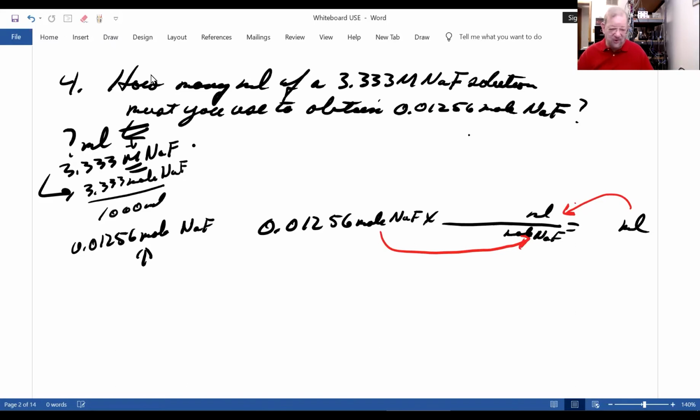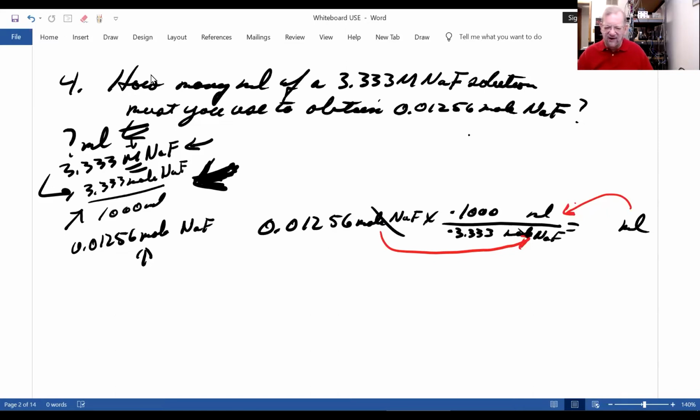And the question is, where do I get these numbers? I come over here because I knew this really meant this. Let me fix up this arrow. That looks bad. But anyways, when I look at this, I know for every 1,000 milliliters, there's 3.333 moles of sodium fluoride.